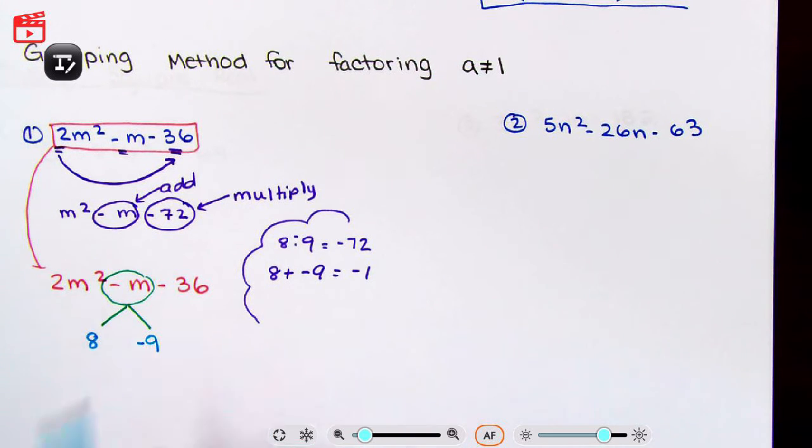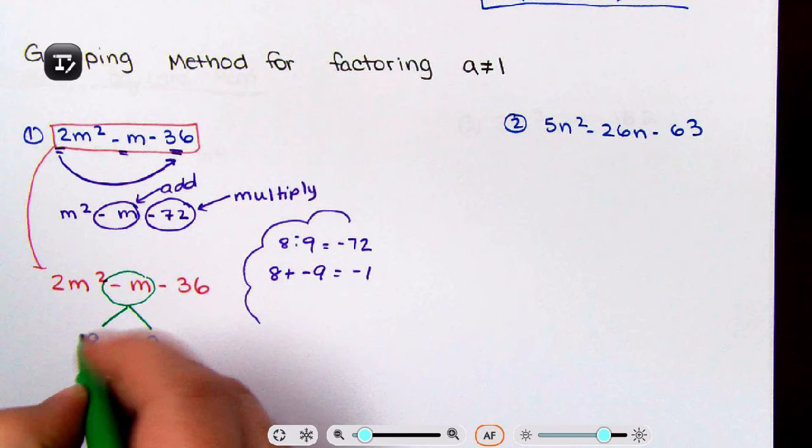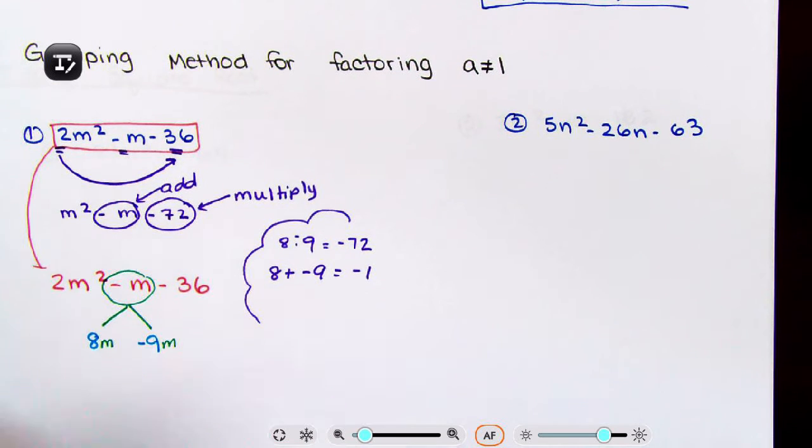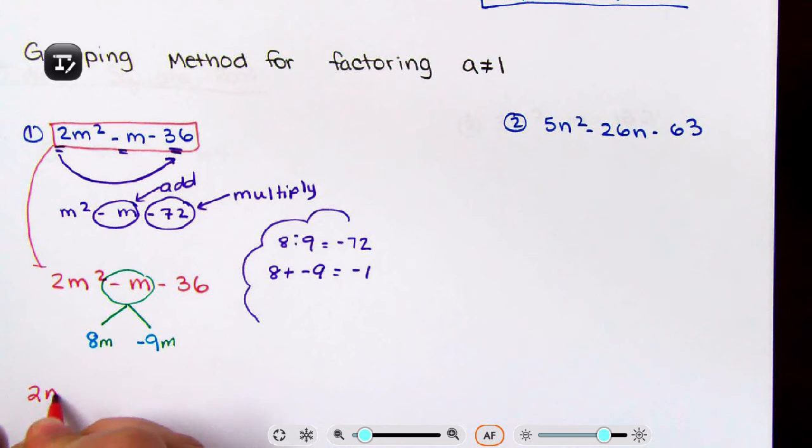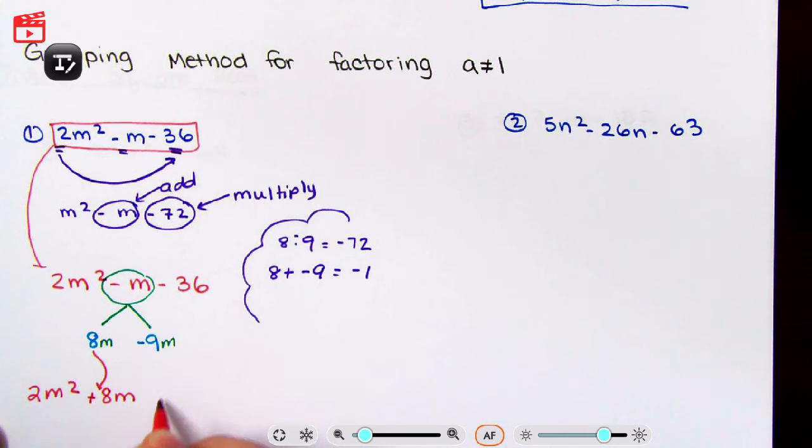Remember, 9 was a negative. I am also going to write in the variable, in this case, m, next to my 2 factors. So what you end up having is 2m squared minus, just kidding, this is a plus 8m, and here you have a minus 9m minus 36.